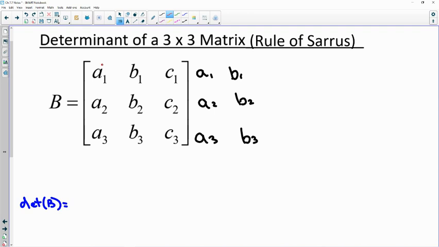If you think about it, you get A1 times B2 times C3. So you're going to multiply those numbers: A1 times B2 times C3.